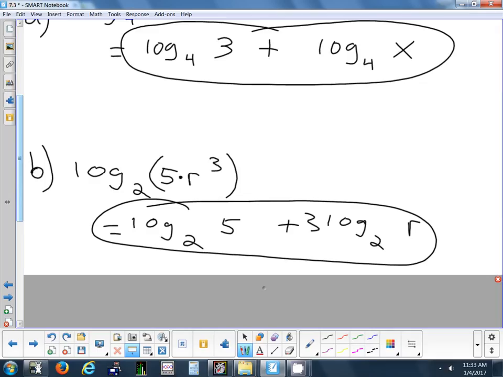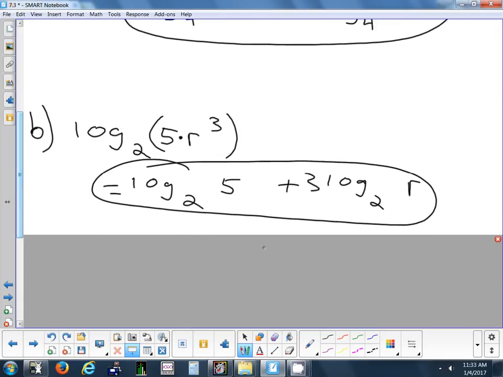If this was a multiple choice question, I might write this as an answer, and I also might write that as an answer. This one is wrong. If it says to write powers as factors, that is not correct. Make sure you do it like that. Any questions on that one?